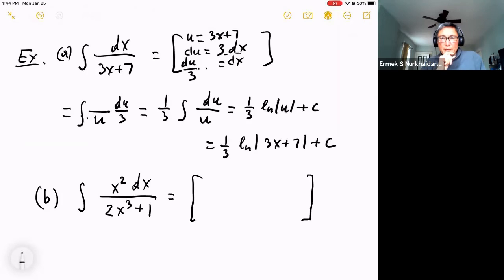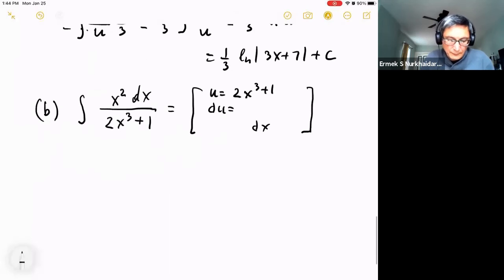Next integral: x squared dx divided by 2x cubed plus 1. If you look at that expression, you basically know which substitution we want to do: u equals 2x cubed plus 1. Again, find du, find dx, proceed with your substitution, get the integral in terms of u.